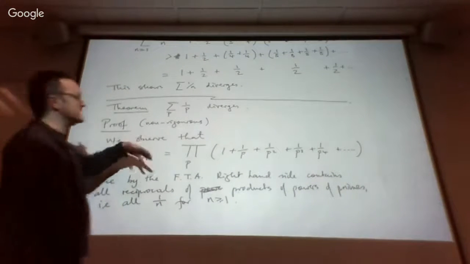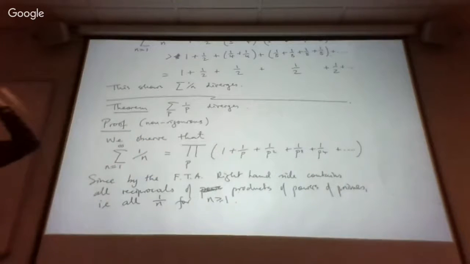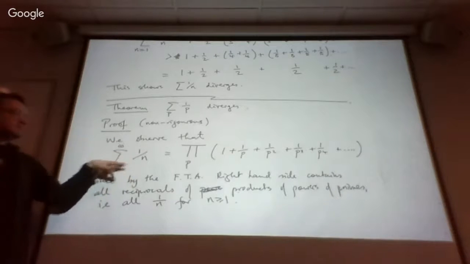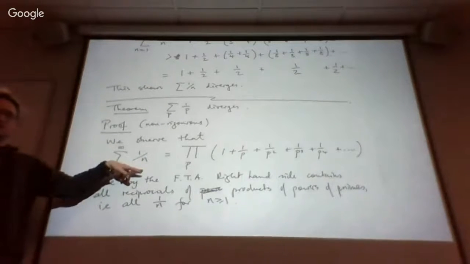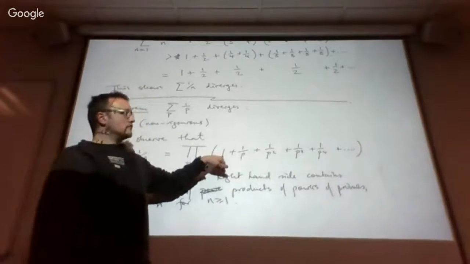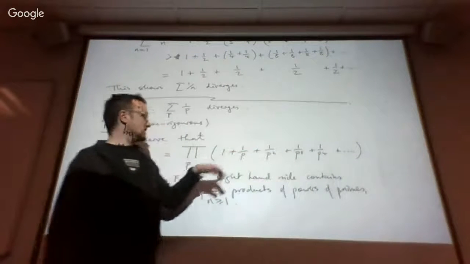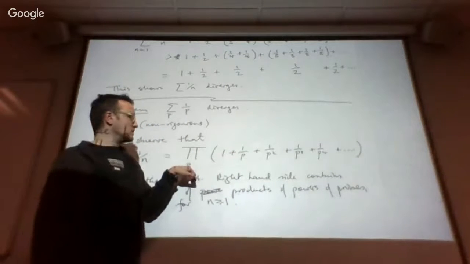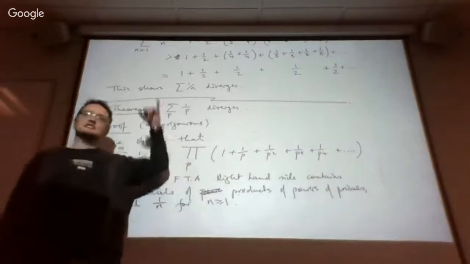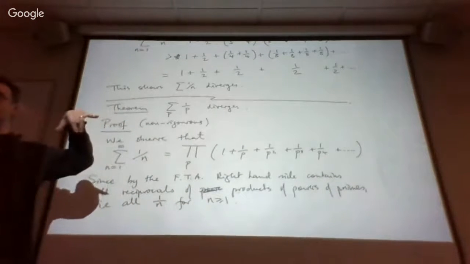Because suppose I want to see where the term 1 over 15 is going to come from. So 1 over 15 is a part of the harmonic series. Well, what I do is I just choose the element 1 from all of these brackets, except for the one corresponding to p equals 3, I'll take a third, and the one corresponding to p equals 5, I'll take 1 over 5.